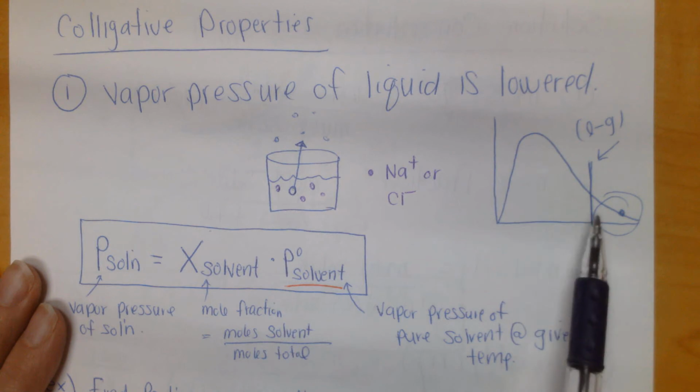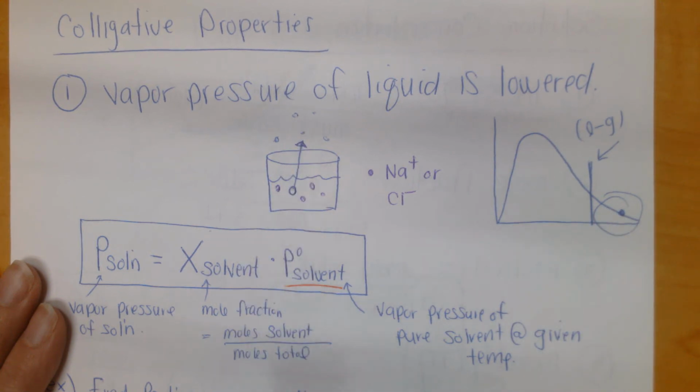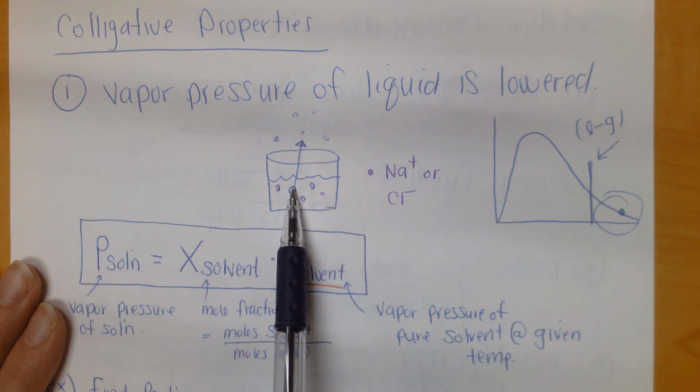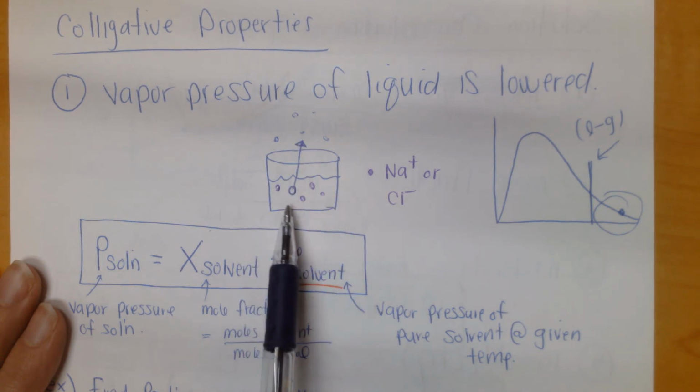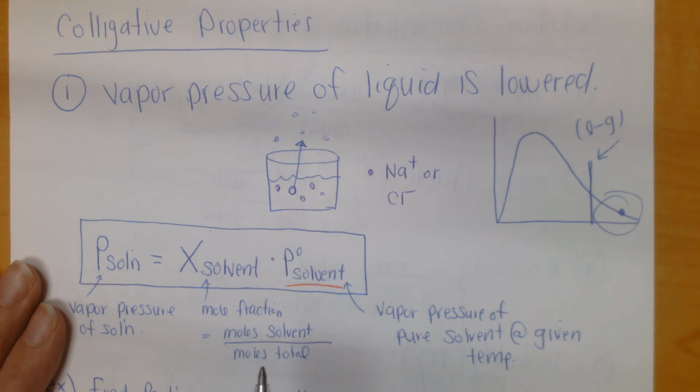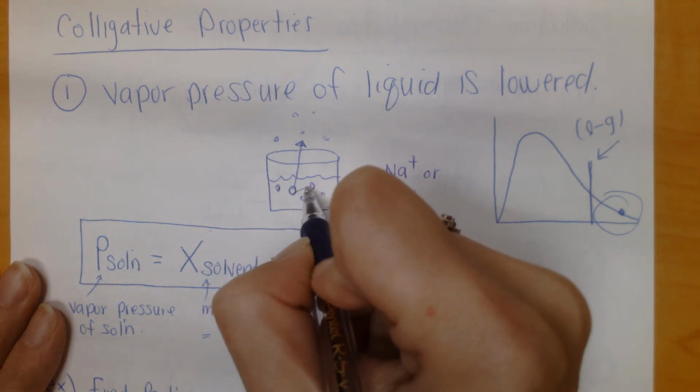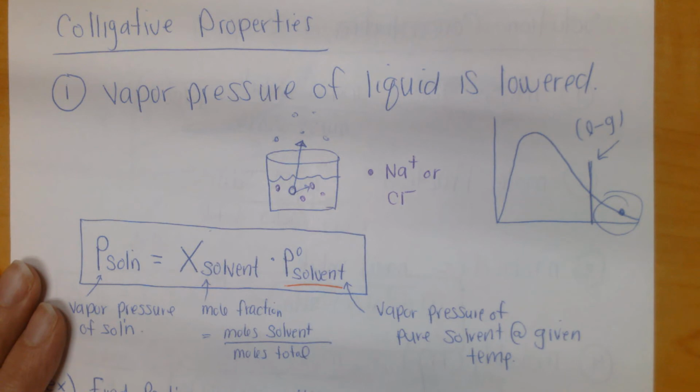Okay, so again, we have to have this energy, we have to be able to escape. When you start adding a solute into the solution, instead of having a free path to escape into the atmosphere, sometimes a gas particle will collide with an ion in solution.